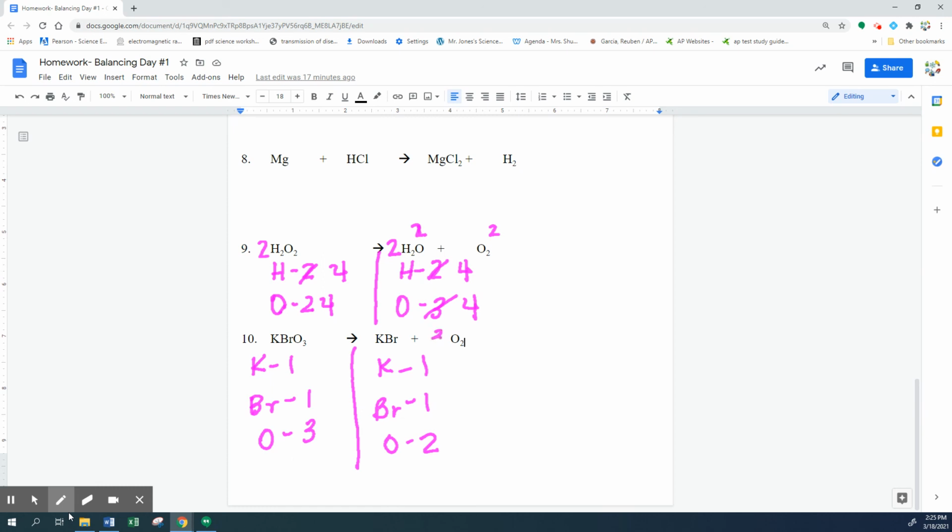So I'm going to multiply by 3 over here and 2 over here. This 2 changes my potassium, my bromine, and my oxygen. So now I need my potassium and bromine to equal 2. So I put a coefficient of 2 in front of the potassium bromide, and everything balances out.